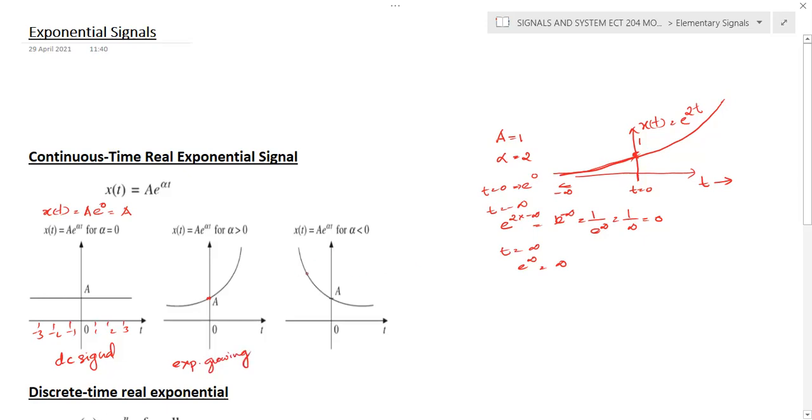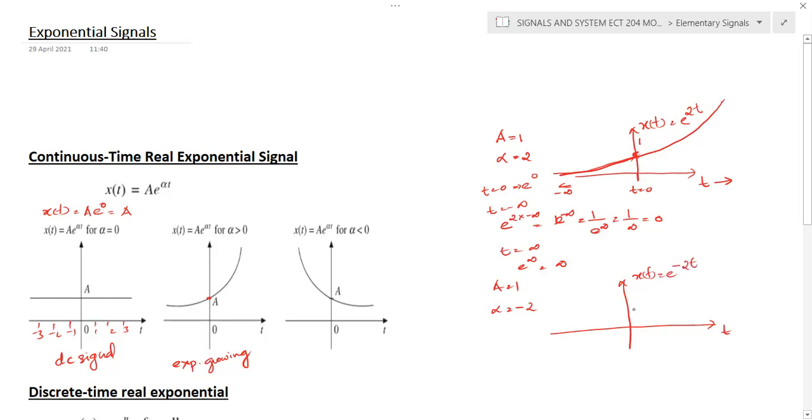Now we'll discuss the other case when the A value is equal to 1 and alpha value is some negative value, so let it be minus 2. We need to plot the graph for a specific value: x of t is equal to e raised to minus 2t.